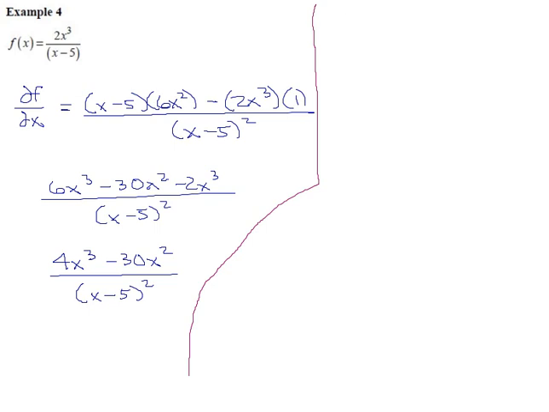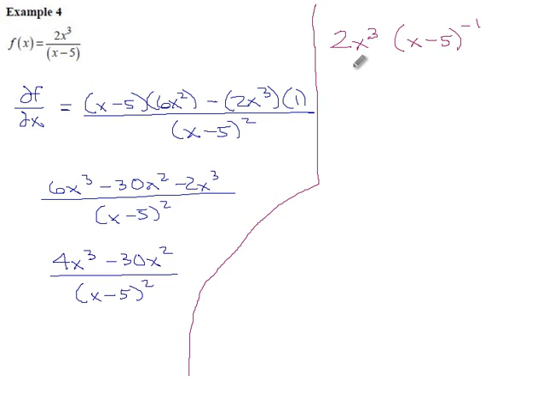If you have 2x cubed over x minus 5 like this, you can write that as 2x cubed times x minus 5 to the minus 1, because this means 1 over x minus 5, and the product of those two things is exactly our f of x. Once you're in this form, it's not a quotient anymore, it's a product. And I claim that when I do the derivative this way, I'm going to get the same result as before. Let's see if it's true.